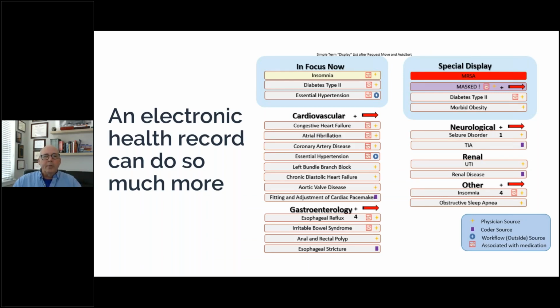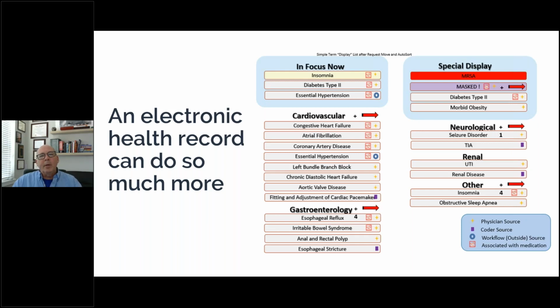An electronic health record can create a visual display when it's properly designed, so that I can see, for example, which problems need to be in focus. I can get an overview of all of the different systems that are wrong with a patient. I can have brought forward to me some subset of problems that, for example, might need to exist across time, or that kind of define the overall patient.